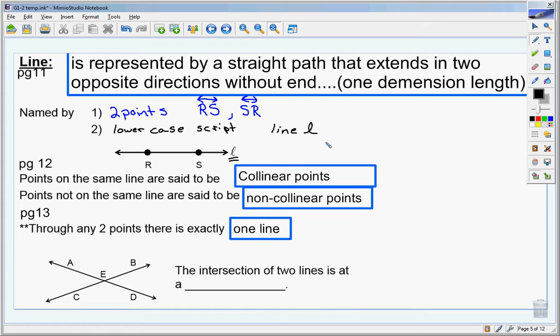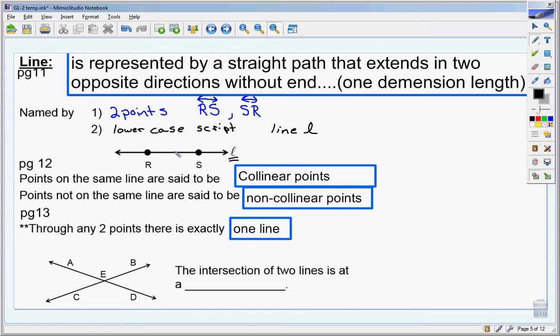Now, this is pretty simplistic. If I had asked you to name this line, how many different answers could I see in the class? How many? There's 3 different ways I could have named this line, isn't there?